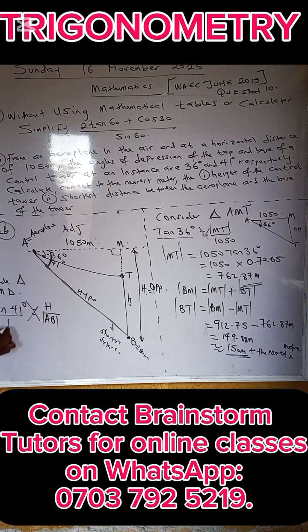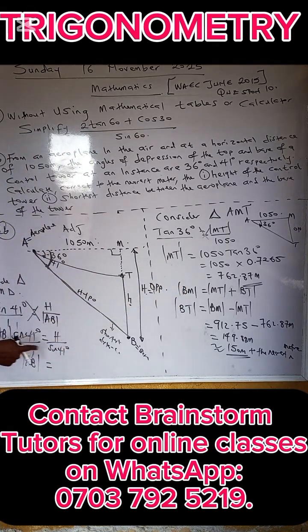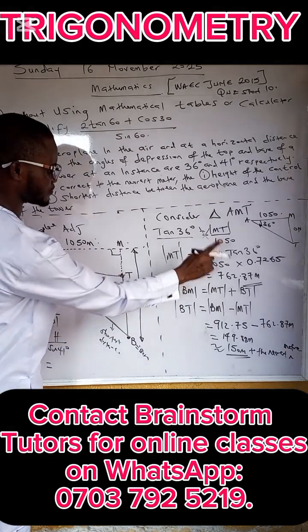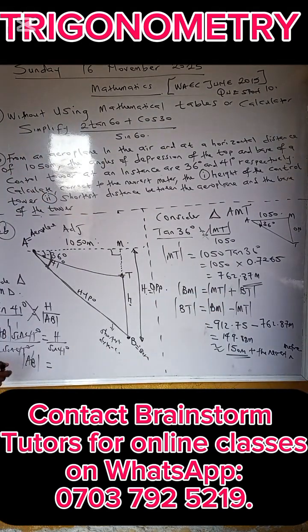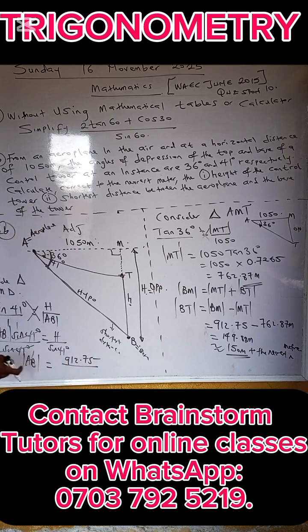I have AB sine 41 degrees is equal to H. Now divide both sides by sine 41. So my AB is equal to H. My H has been calculated before to be 912.75 meters. I have 912.75 meters over sine 41.